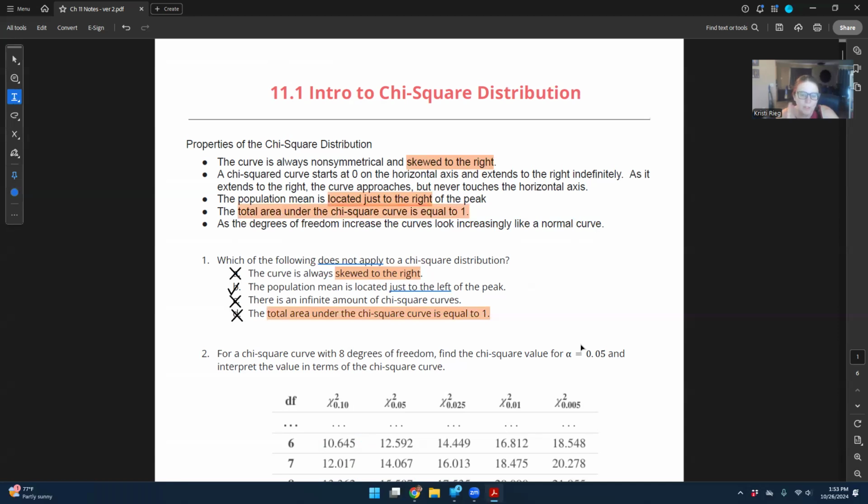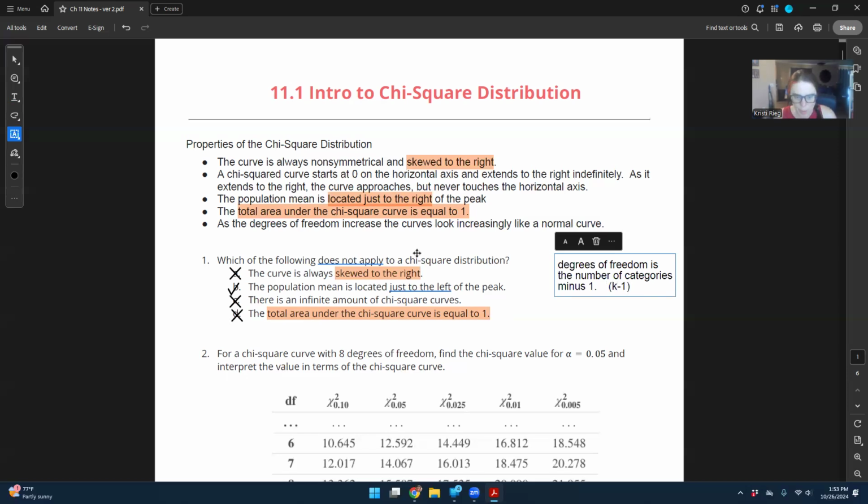The degrees of freedom is the number of categories minus 1. That's going to be our formula. So our formula is k minus 1.